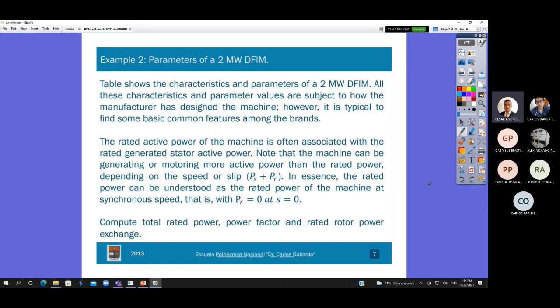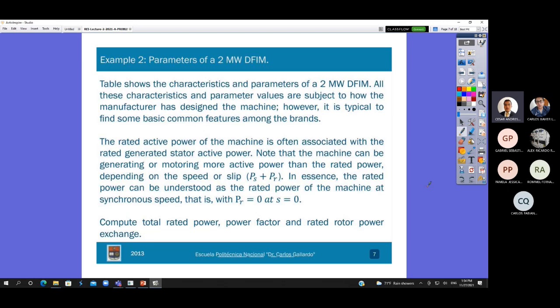Stator power plus rotor power. In a sense, the rated power can be understood as the rated power of the machine at the synchronous speed, that is, with rotor power equal to 0 at slip equal to 0.